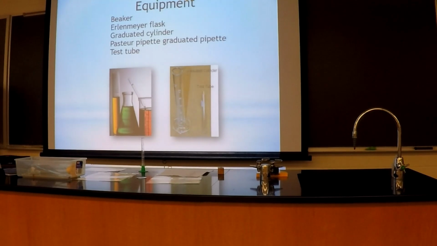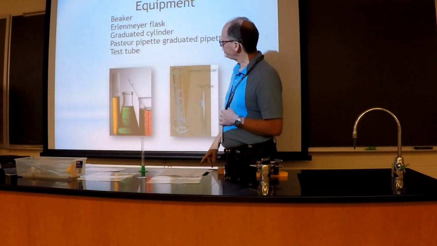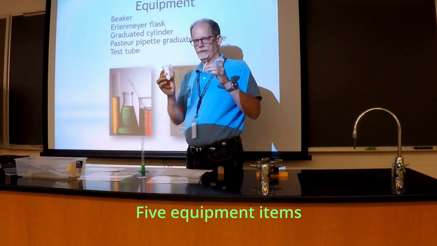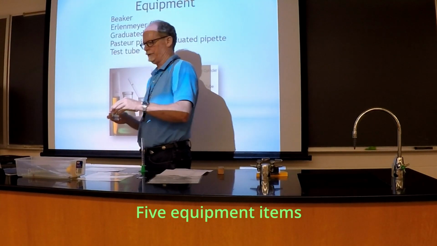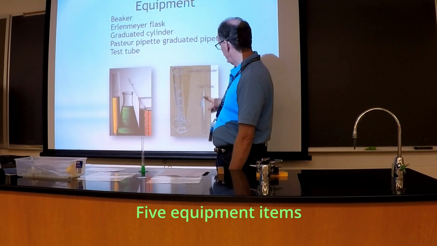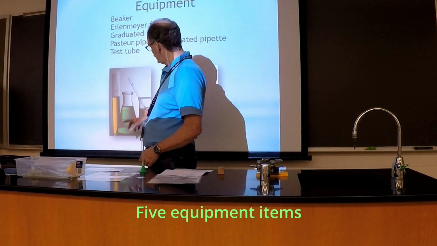You should be familiar with, at least for the practical, what a beaker looks like. A beaker are these items here, right? Both of those are considered beakers. It's right over here. You know, test tube's pretty straightforward. Erlenmeyer flask has that triangle look.